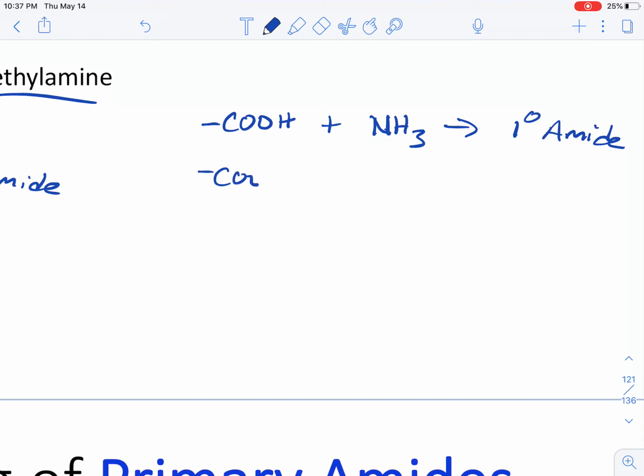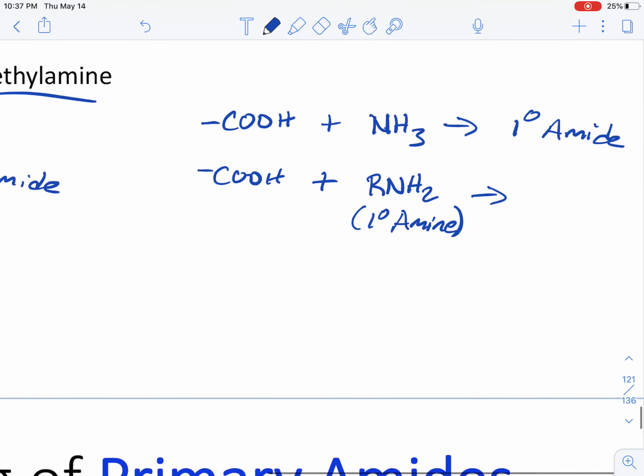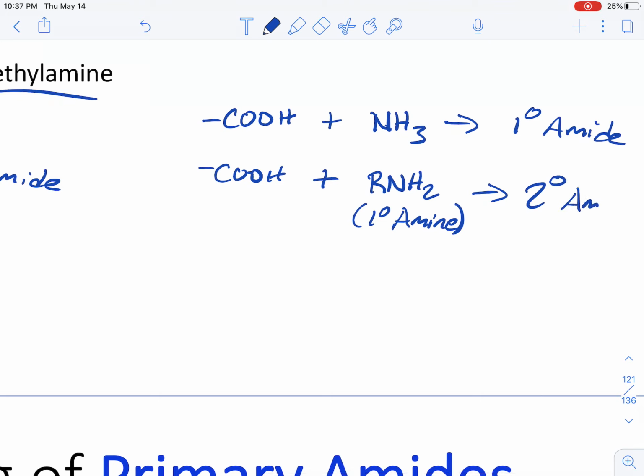If you have a carboxylic acid reacting with RNH2, so this is a primary amine, what you get is a secondary amide.